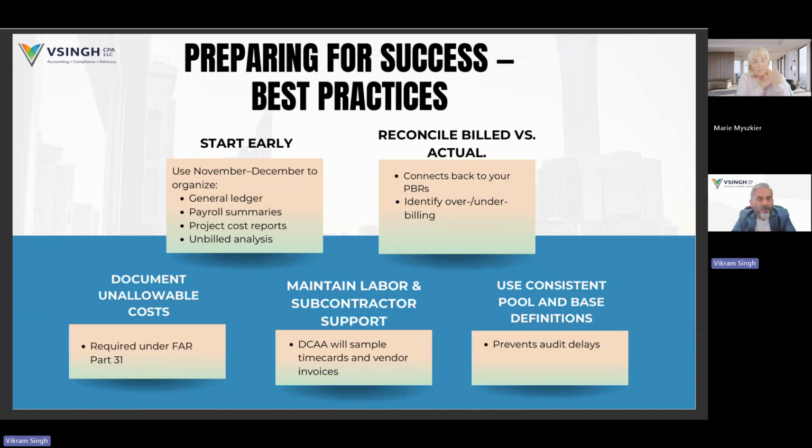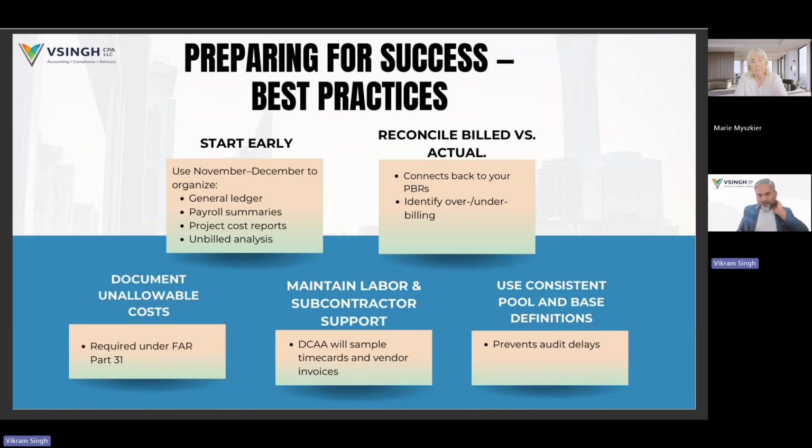For example, Schedule L is basically taking your payroll data or your labor data and comparing it with the payroll report, the 941. Those are quarterly items and you have the data, so why wait until right before the due date?